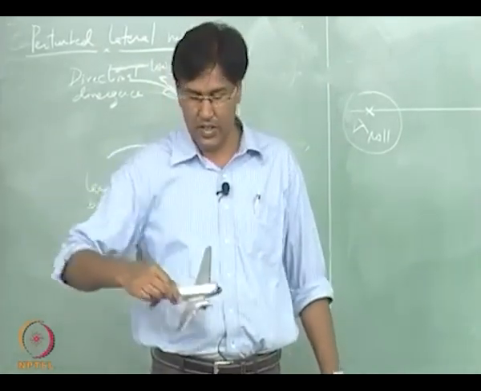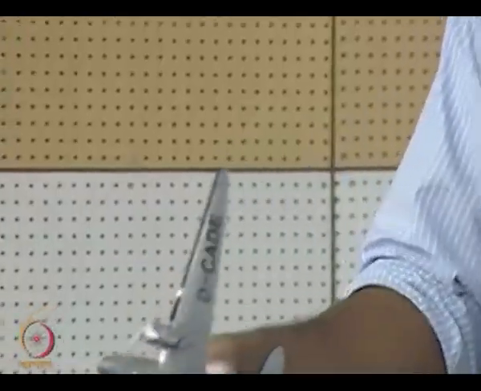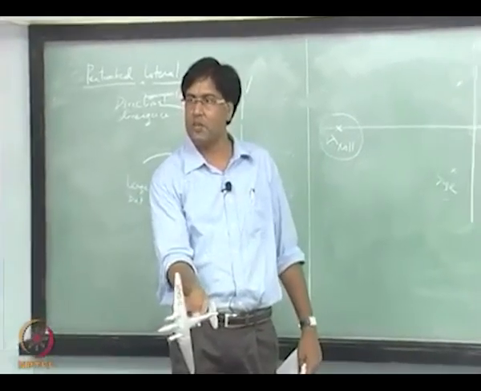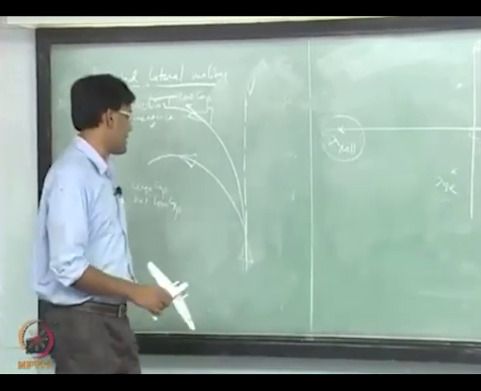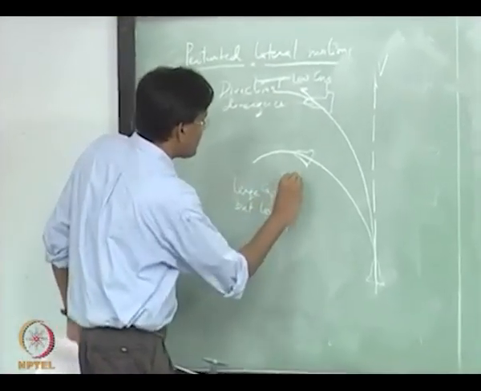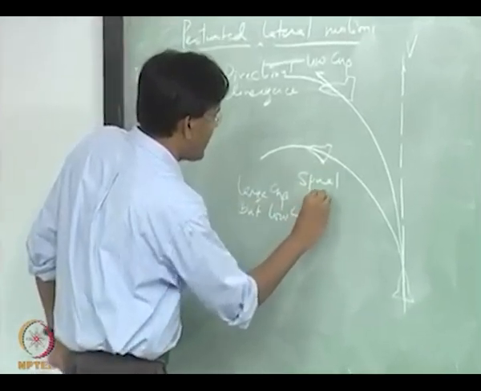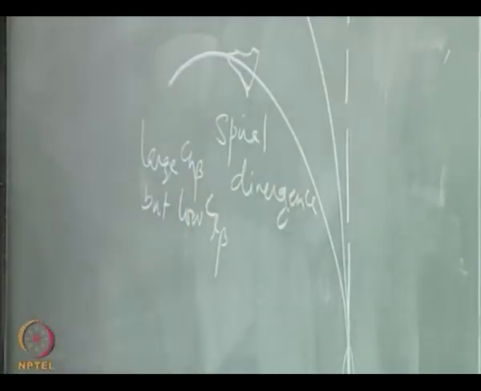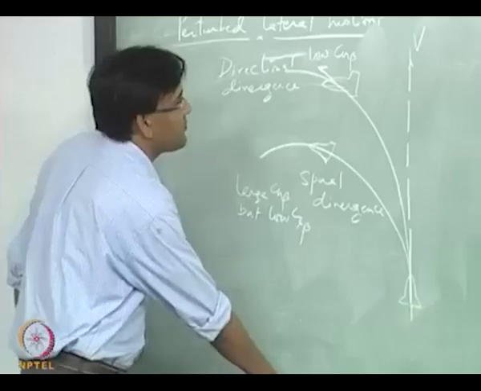So with a steeper bank and going down, it goes into a spiraling motion about a vertical axis. This is called spiral divergence, all right.